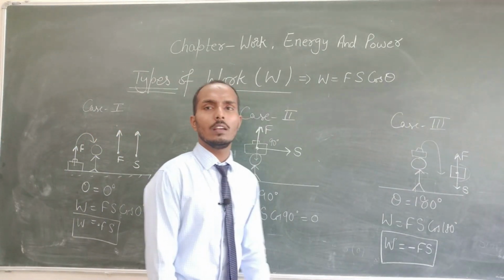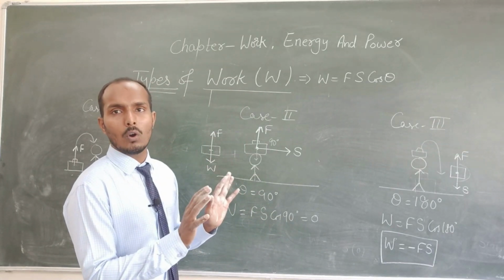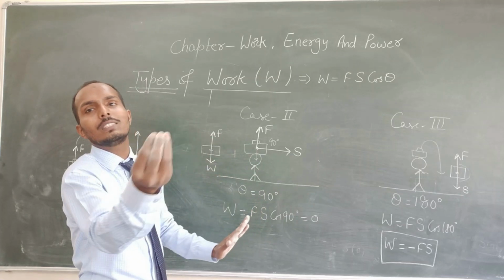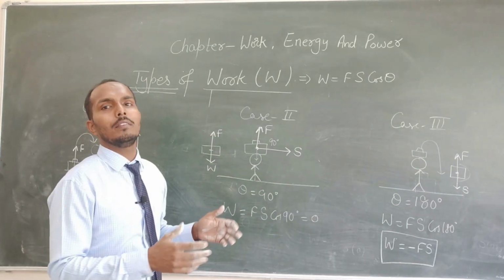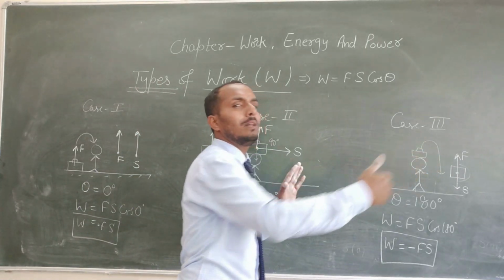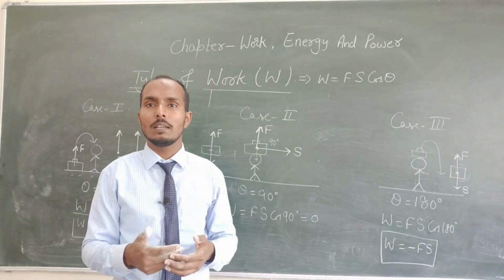If you have a heavy box and you apply a force on it and the body is not displaced, then work is 0. But if you have a light box and you apply a force and the body is displaced in the same direction, then work is positive.